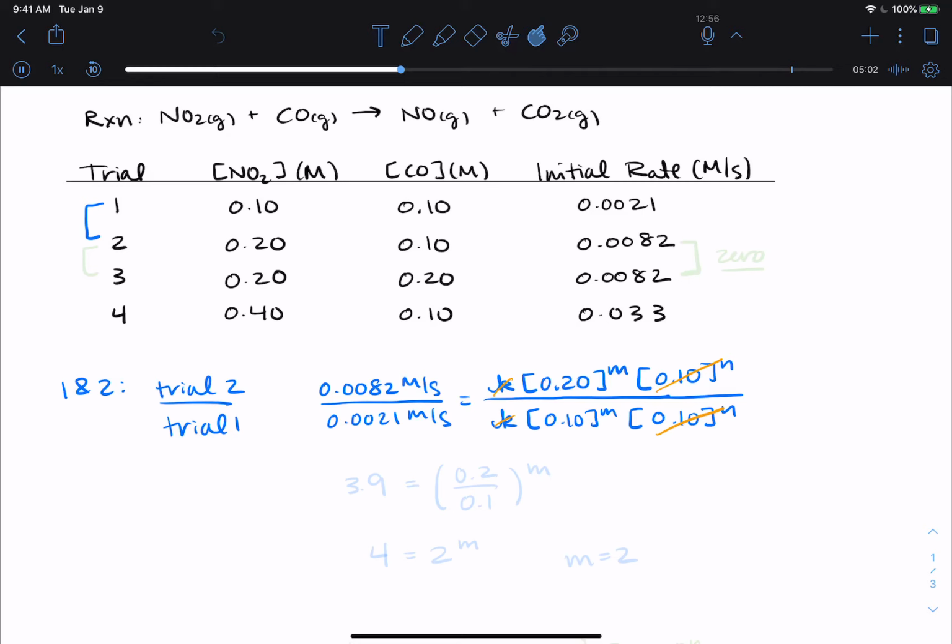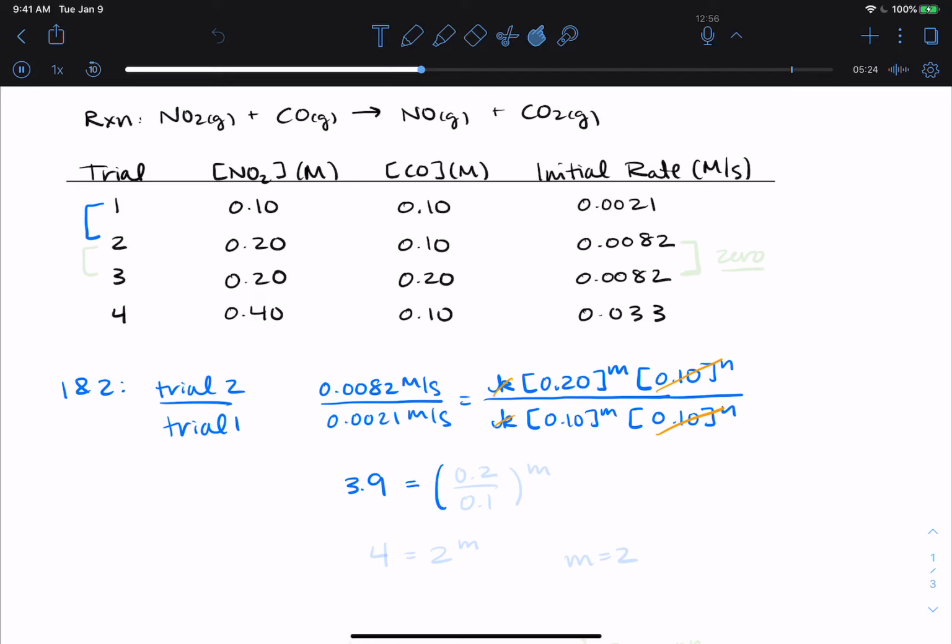So now I can just do some of the actual math, right? The 0.0082 divided by 0.0021, I get 3.9. We're going to round this to 4. And that's equal to my 0.2 to the m divided by 0.1 to the m.